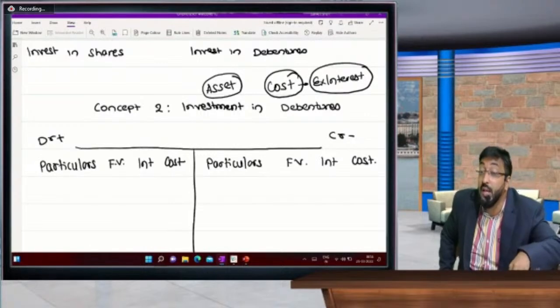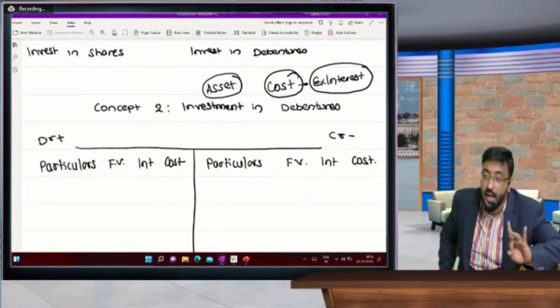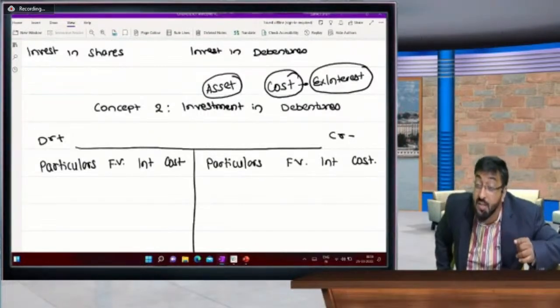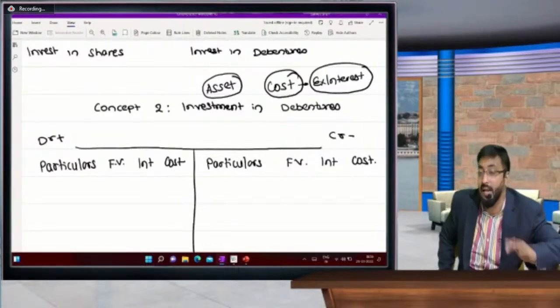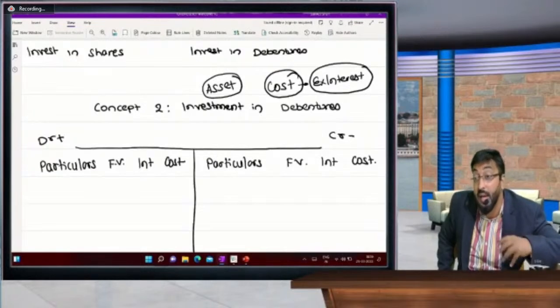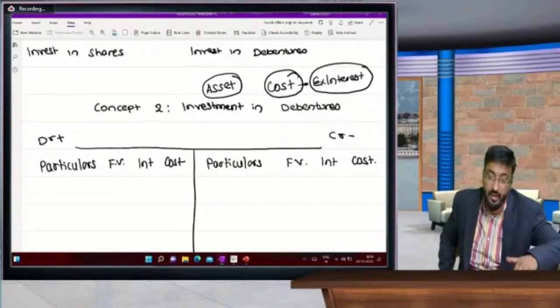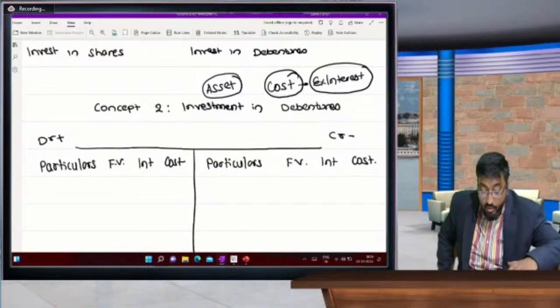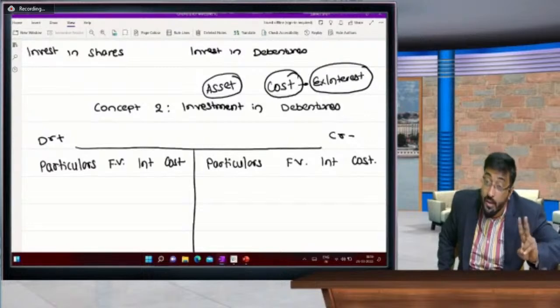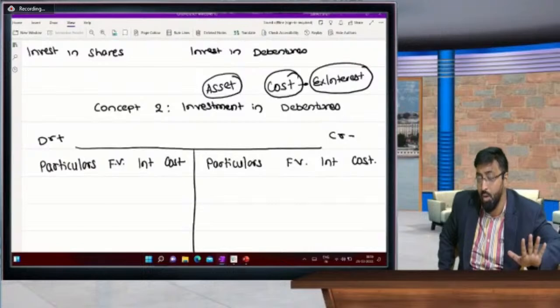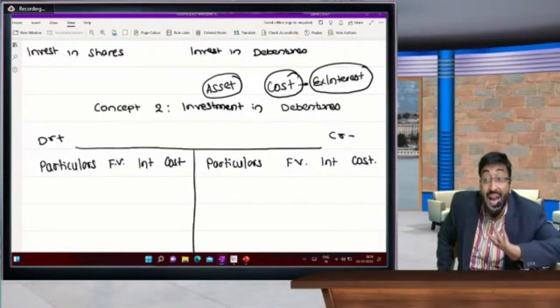Today we have to think from the angle of the investor. Yesterday it was a liability from the company's angle; today we will treat it as an investment asset. So investment in debentures and investment in own debentures are similar. The only difference is that here we are not bothered about remaining debentures and we are not going to pay any interest.